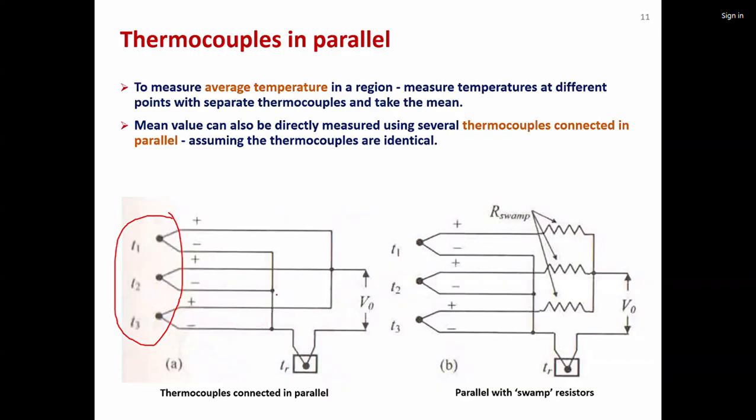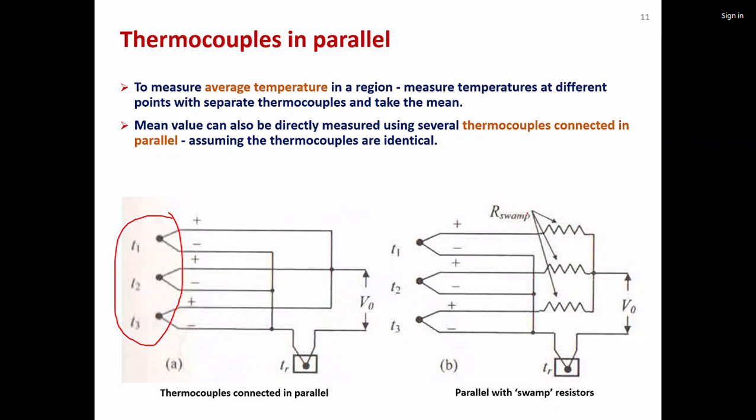But there is one problem. The problem is that the temperature measurement is highly sensitive to the lengths of the wire being unequal. If the lengths of the wire are unequal, then the resistance will be different, and the current would find different paths. So this will bring inaccuracy into the system. One way to equalize the length of the wire, or the resistances along the wire across the output voltage, is to introduce what is called a swamp resistor.